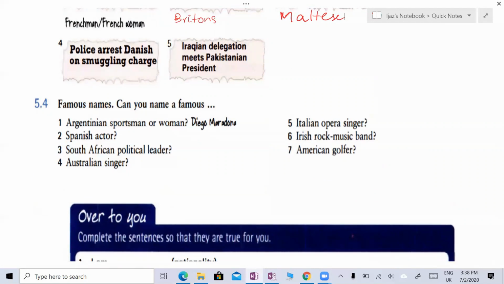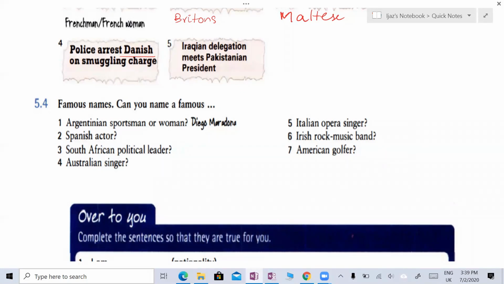Police arrest Danish on smuggling charge. Police arrest Danish, or Danish. If I say Danish, it's a name in some countries, and if I say Danish, it's related to a country. What we studied in the previous page, we studied this word. It's not Danish. Dutch, no, it's not. Dutchman.